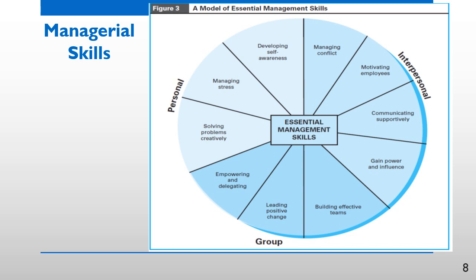We have to build effective teams. In an organization, we do not work as individuals or in isolation. So in that case, we work either in groups or teams. If you take the HR department of an organization, it could also be identified as a team.